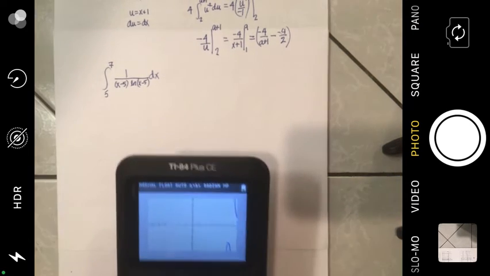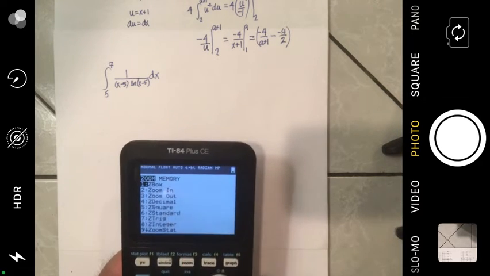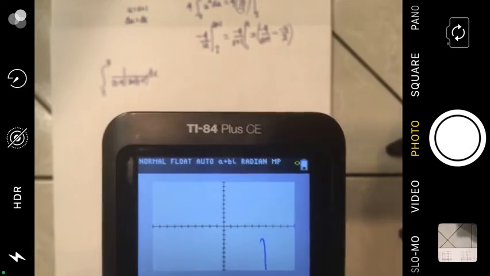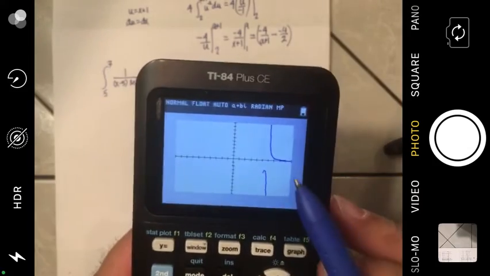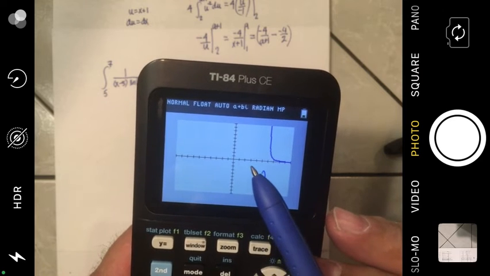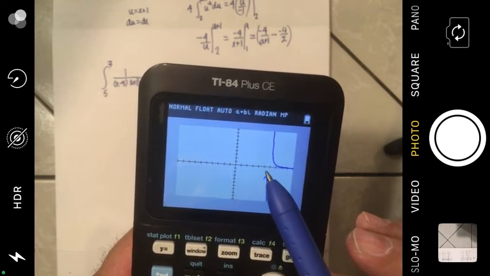All right. So we can't see it because it's over here, so zoom 6, maybe we can see it better there. And so I want to go from 5, which is 1, 2, 3, 4, 5.